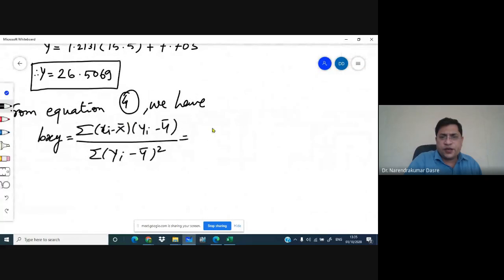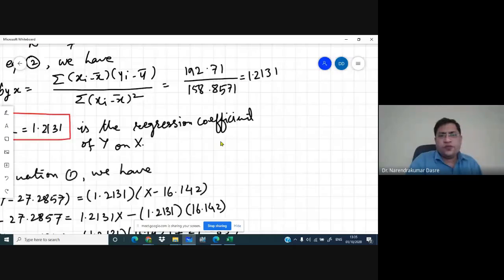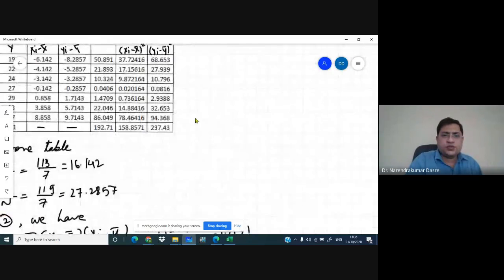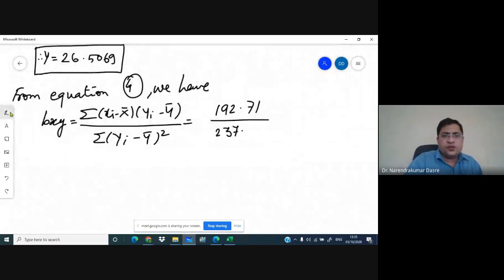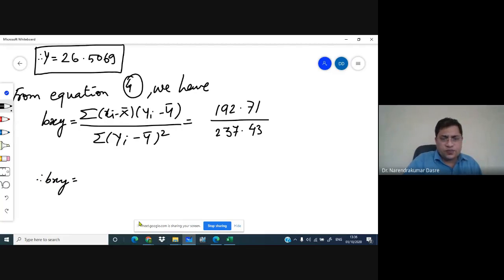Okay, so 192.71 divided by 237.43. Fine. What is this value? 237.43, I hope. Yes. And hence, what we get is bxy is equal to.